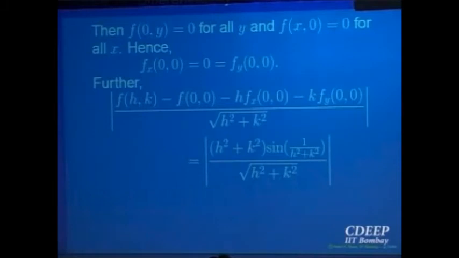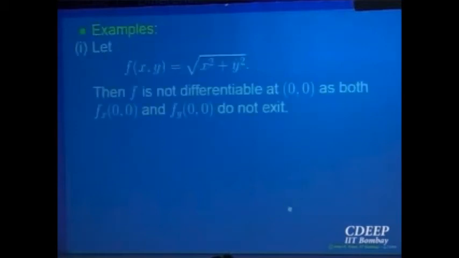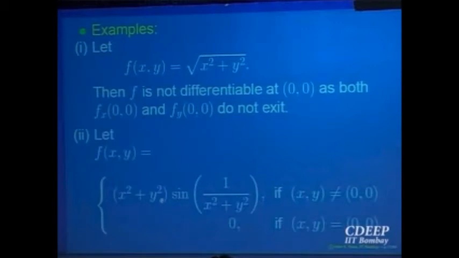And actually one could have guessed it from the function itself. Let me just go back and say why you could have guessed that this is so. If you recall the function of one variable, x square sine 1 over x. Sine 1 over x is not continuous at 0. If you multiply by x, x sine 1 over x is continuous at 0 but not differentiable.